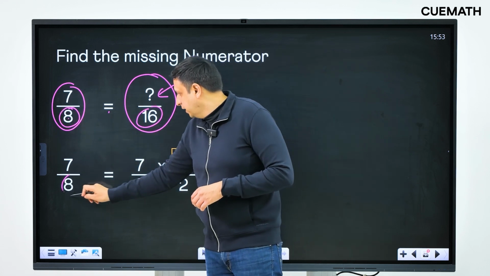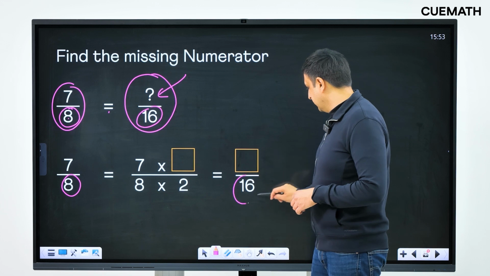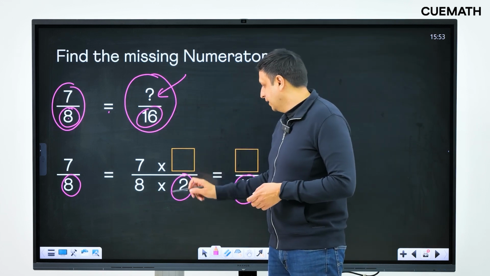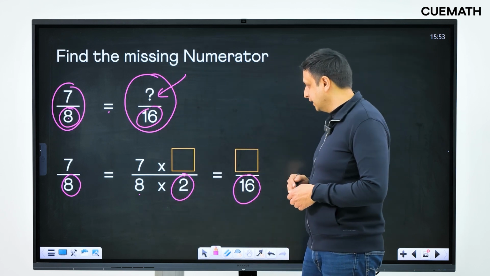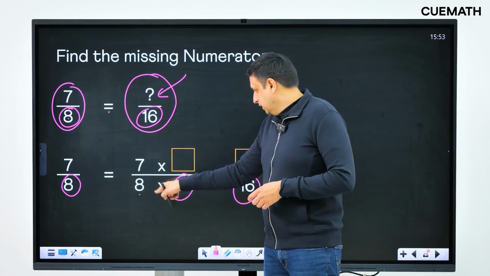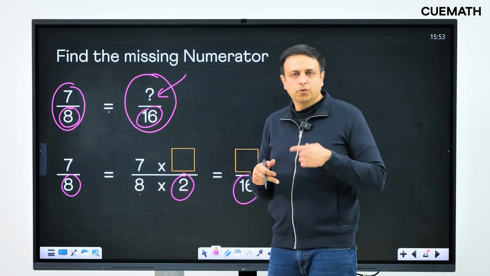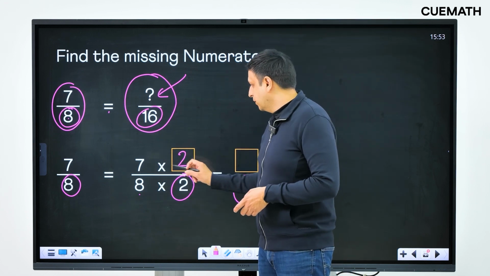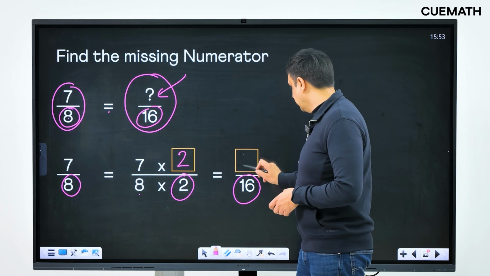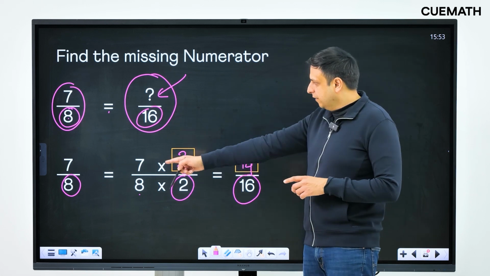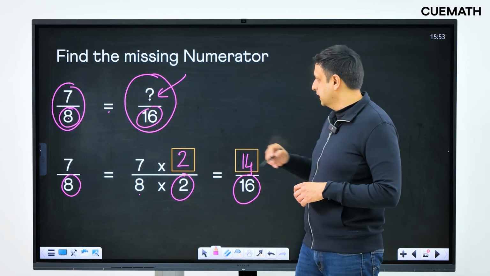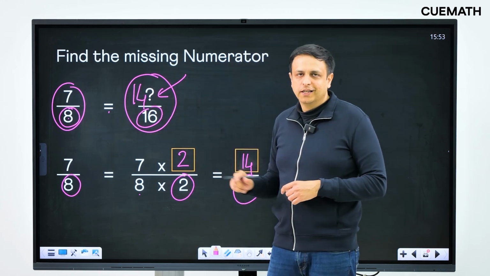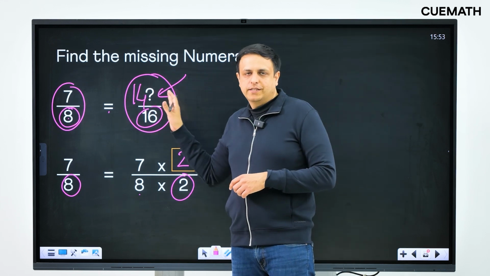So we have 8 over here, and we need to get to 16. How do we go from 8 to 16? Well, we need to multiply by 2. If we multiply it by 2, we get 16. So we write times 2 over here, but we'll now need to do the same thing with the numerator. We'll also need to multiply the numerator by 2. So 7 times 2 gives us 14 over here. So 7 over 8 is equivalent to 14 over 16, and therefore this question mark here will be the number 14. Now let's see a few more questions of this type.